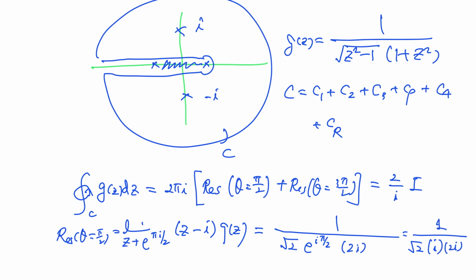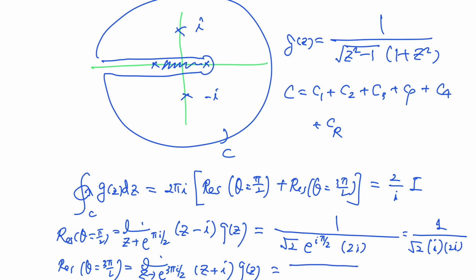How about the other residue? The residue at theta 3 pi over 2 is the limit as z goes to exponential 3 pi i over 2 of z plus i times g(z). It's actually the same thing: square root of 2 exponential i 3 pi over 2, here minus 2i.